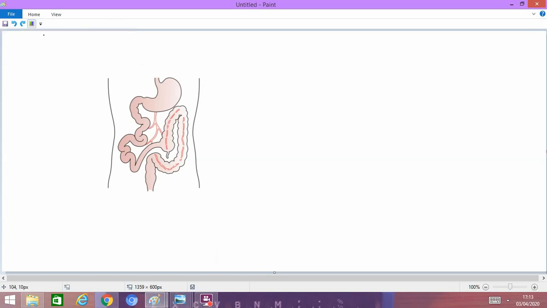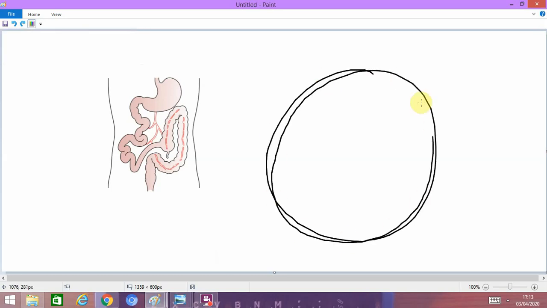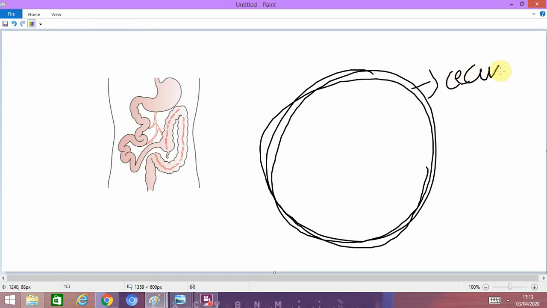Let's understand this concept by drawing cecum itself. This is your cecum. And if you view it very carefully, you'll see that there are some lines of longitudinal muscles on its external surface, and these are called tinea coli. This is the anterior tinea coli, and 2 of them are on the posterior side.